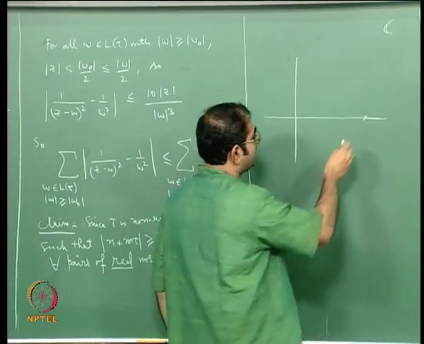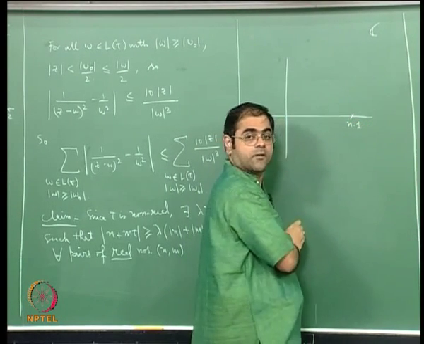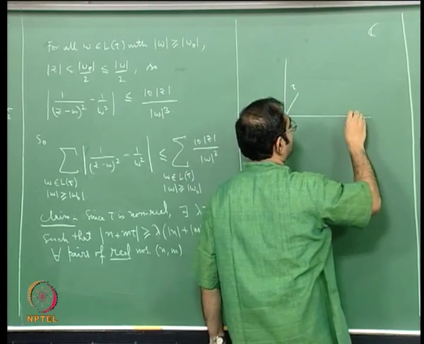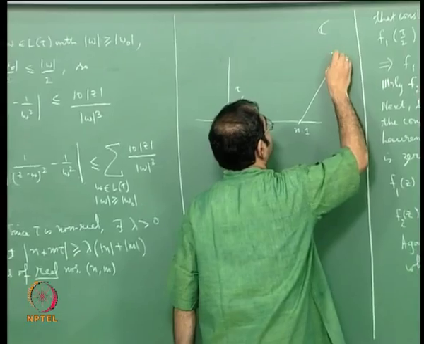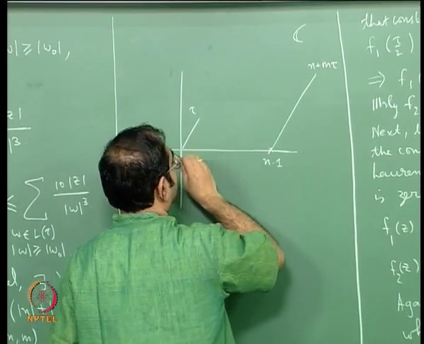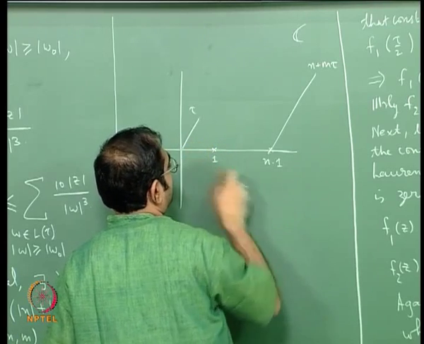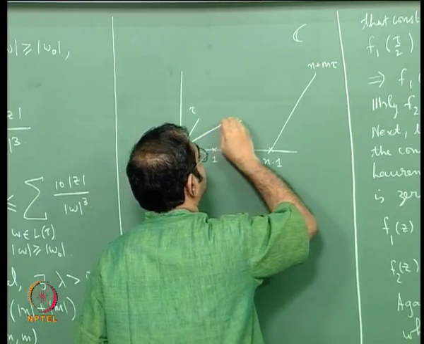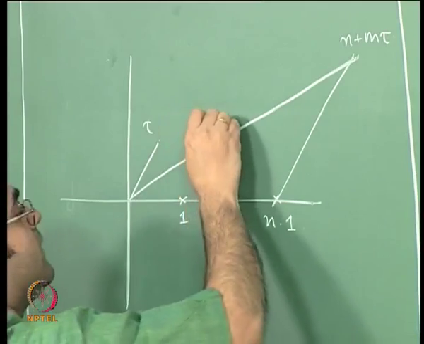So this point will be n times 1, and if this is the direction of tau, then I will have something like this, this will be n plus m tau. This is 1 of course somewhere here; I am assuming n is greater than 1 in this diagram. So if I join this, this length is the modulus of n plus m tau.